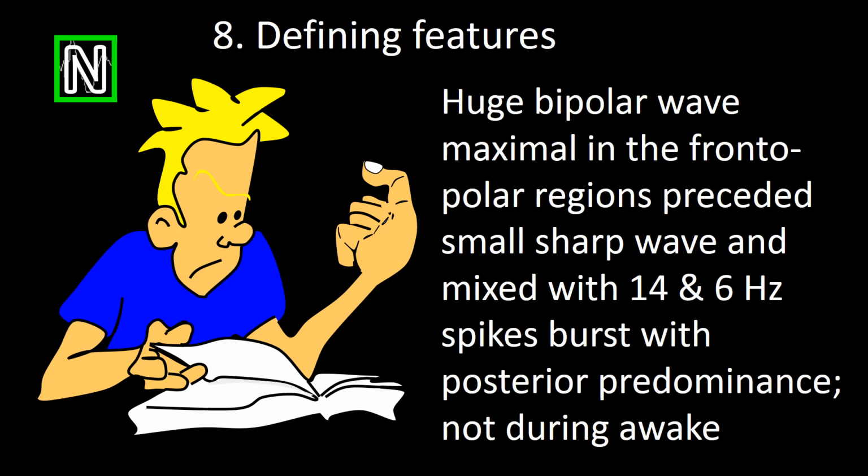The defining features of huge N wave are its size, the frontal predominance, their association with 14 and 6 positive wave, and that they are present only during drowsiness or early sleep.